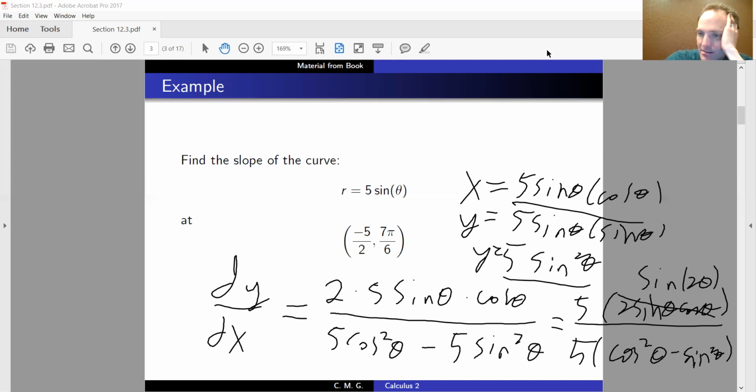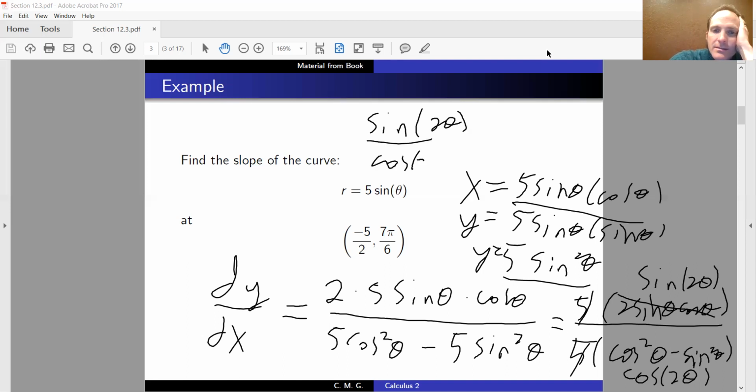Then cosine squared theta minus sine squared theta is the same as cosine of 2 theta. So the 5s cancel, and I'm left with sine of 2 theta over cosine of 2 theta.